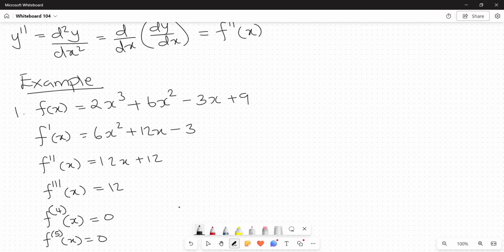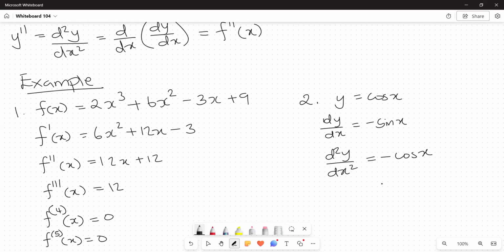Okay, so with this function here, it eventually differentiates to 0, but like I say, there are some functions like y is equal to cos x that you can differentiate an infinite number of times. So we find dy dx, this is minus sine x, then d2y dx2, this is minus cos x, then d3y dx3, this is sine x.